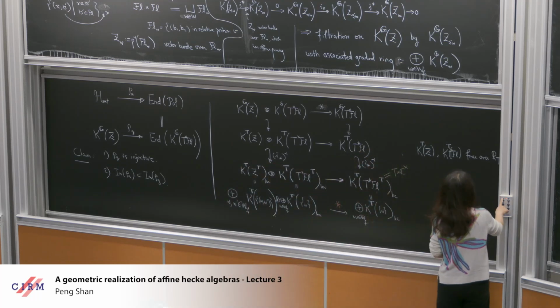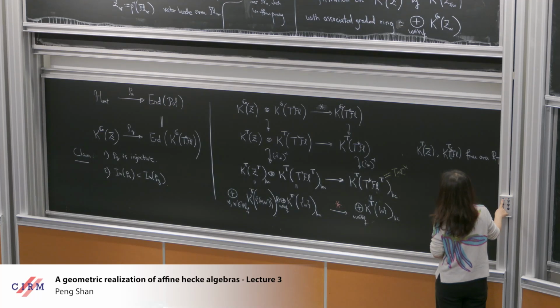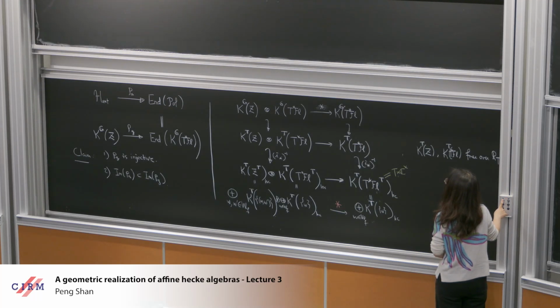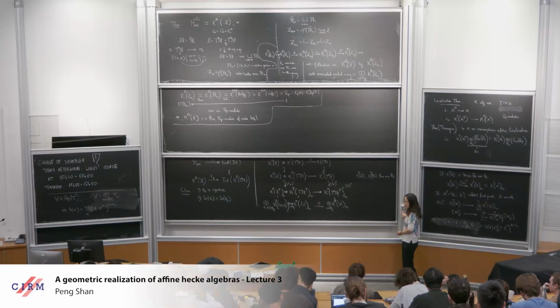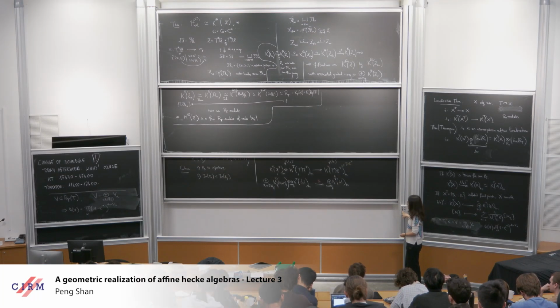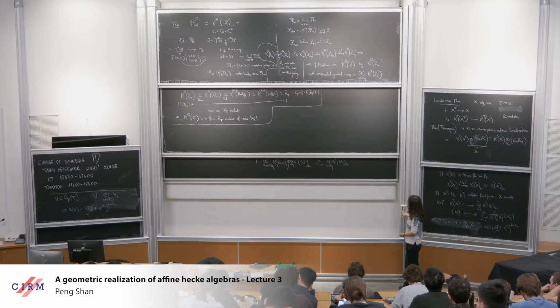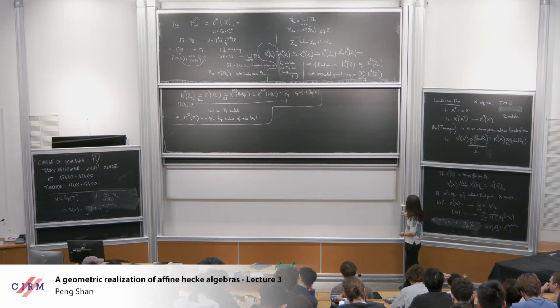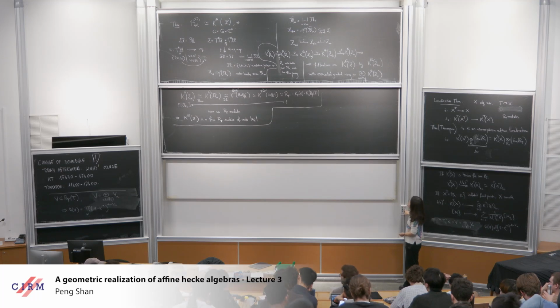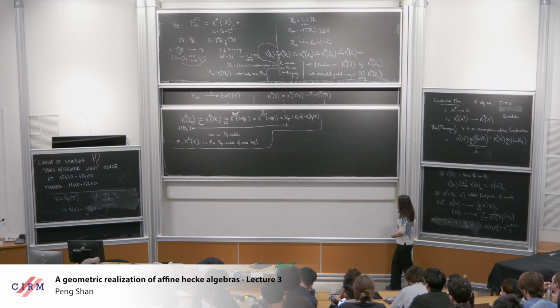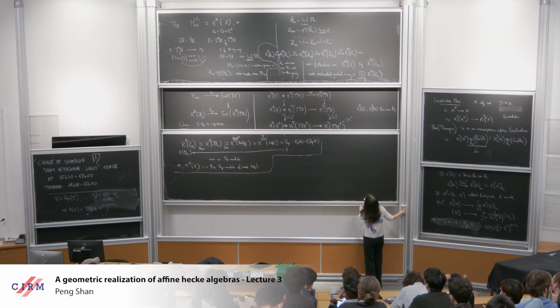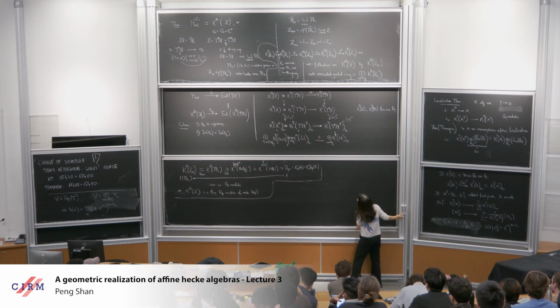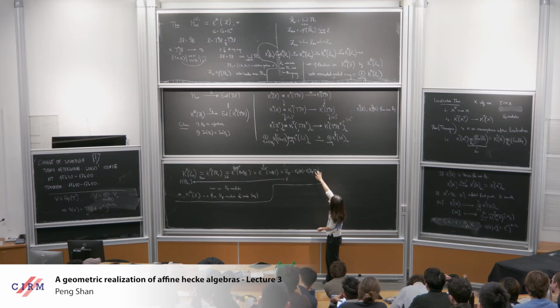Let's try to arrange my boards. So I gave an exercise 2 days ago. If you do convolution on functions on a finite set, 2 copies of a finite set, what do you get? You get matrix multiplication, thank you. So here we're basically in that situation, right?